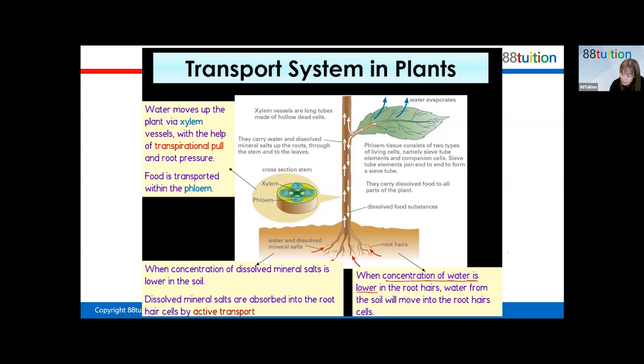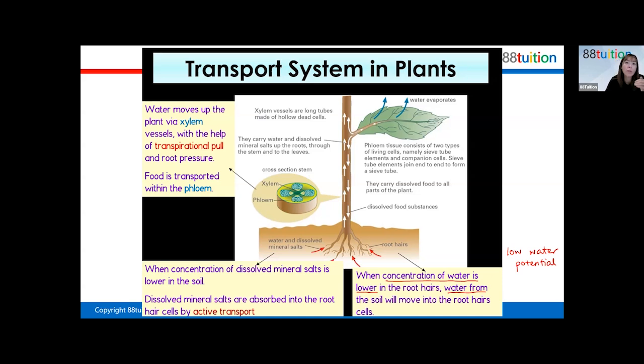I can rewrite it as low water potential. This low water potential means that comparatively the soil will have higher water potential. So water from the soil is going to move into the root hair cells. Can you see that? Water moving in is also known as osmosis.